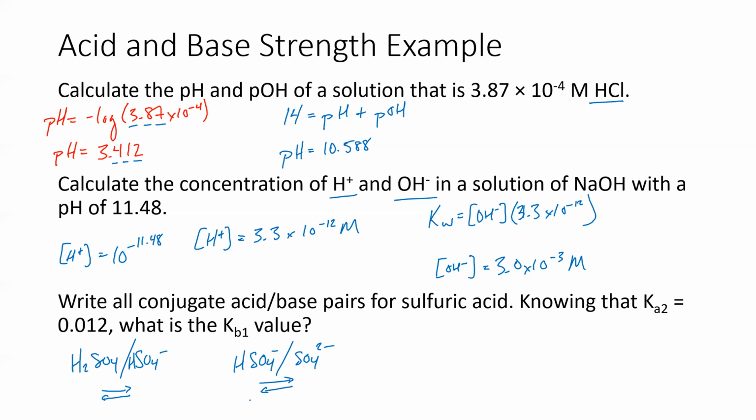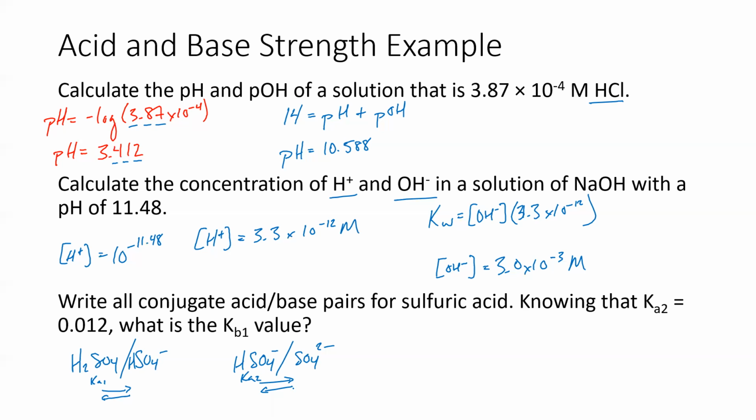So we have 2 Ka values. H2SO4 has a Ka value. HSO4 minus has a Ka value. We call this one Ka1 and this one Ka2. The 1 always goes with the stronger acid or stronger base. And so Ka1 is the first proton being removed, Ka2 the second proton being removed. Now, opposite that, Kb1 is the first proton going back on the base.